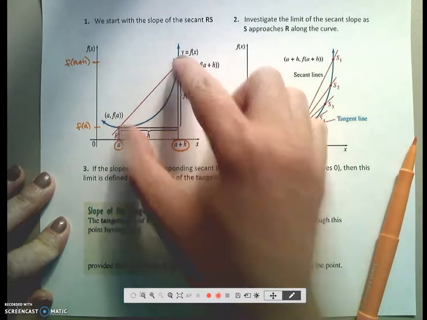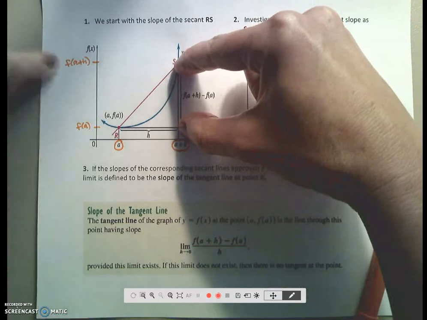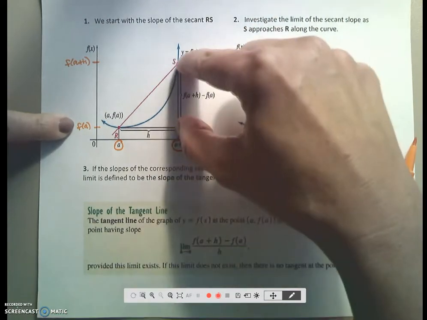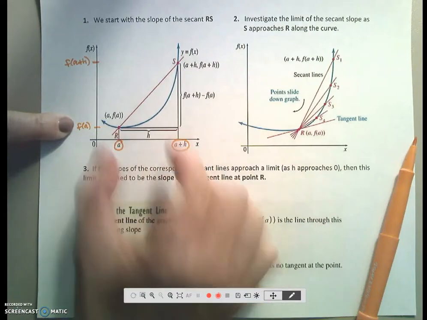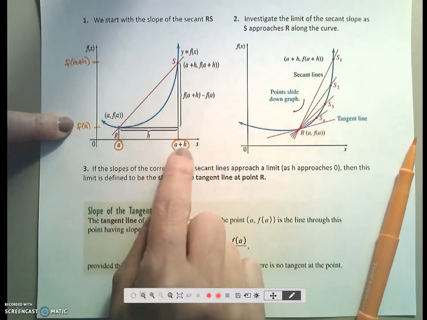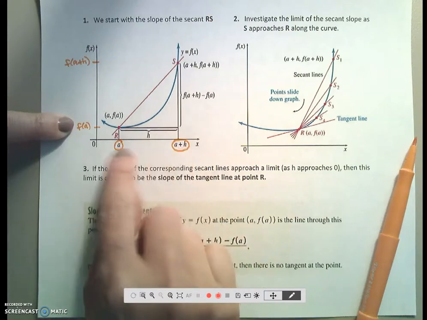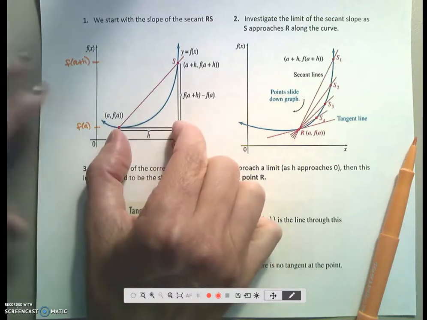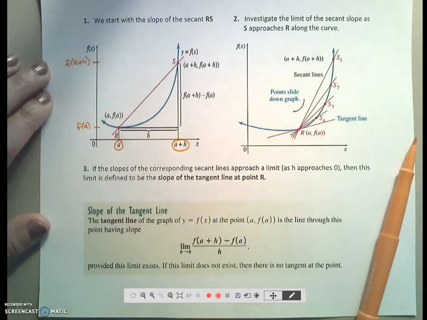To find the slope, you do rise, which is f of A plus h minus f of A, over your run. The run is just h. If you take A plus h and subtract A, you just get h. So that would be the slope of the secant line.